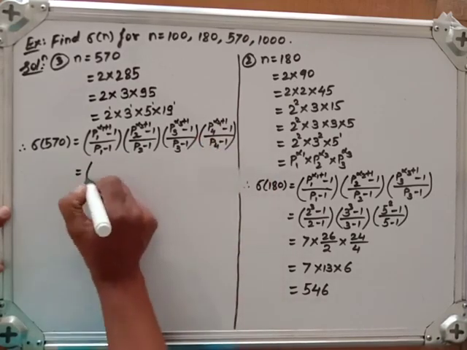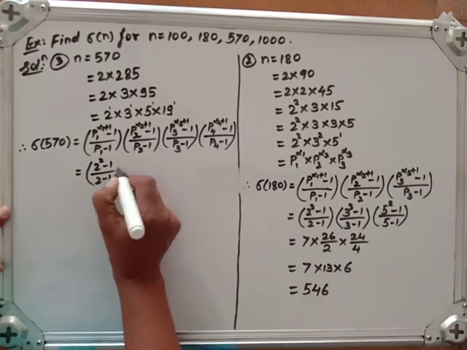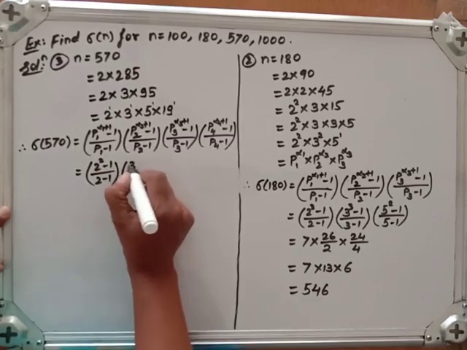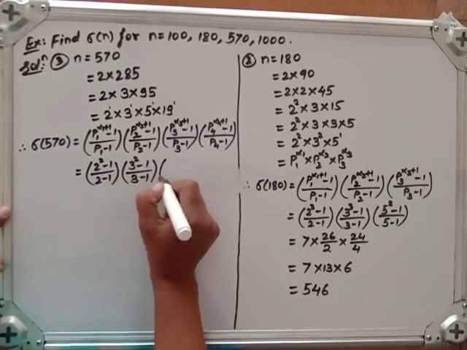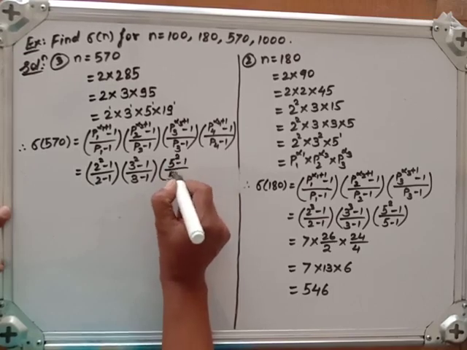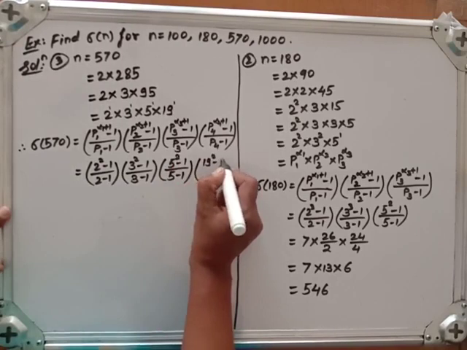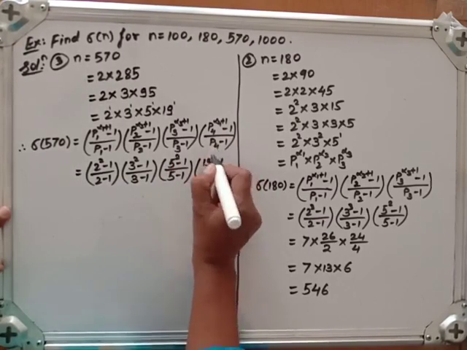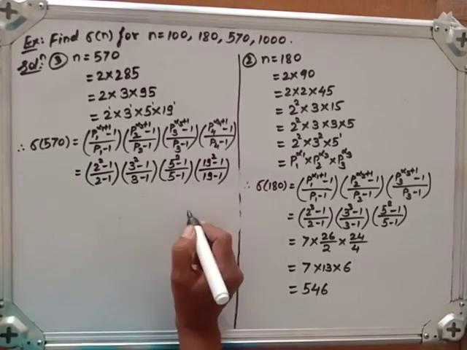So this is 2 square minus 1 upon 2 minus 1, this is 3 square minus 1 upon 3 minus 1, 5 square minus 1 upon 5 minus 1, and 19 square minus 1 upon 19 minus 1. This one.